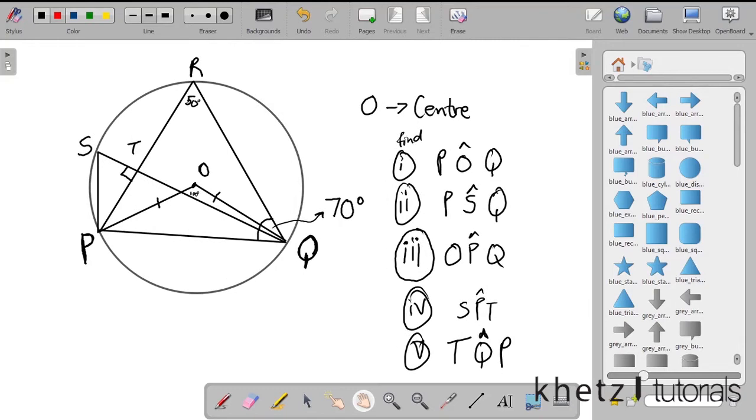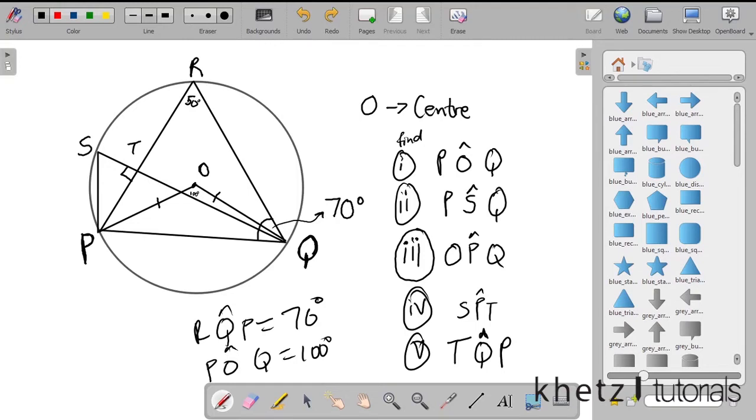So in this diagram, we're given 50 at R. We're given 70 to be the value of RQP. So you can write that down. So RQP, which is this whole angle here, is given to us as 70 degrees. And we're given POQ as 100 degrees, which is written here.